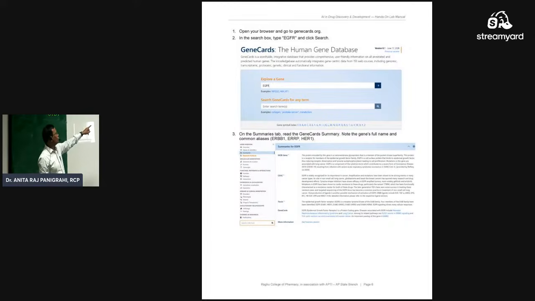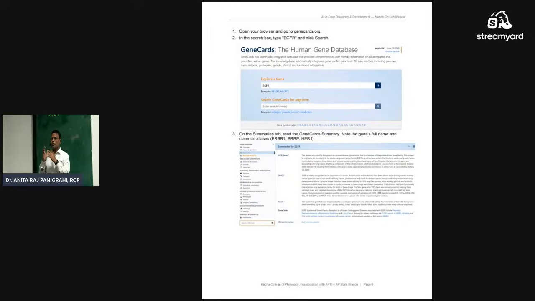Then in the search tool, type EGFR and click search. Then on the summaries tab, because I say that this is only an introduction, it gives you only the overview of GeneCards.